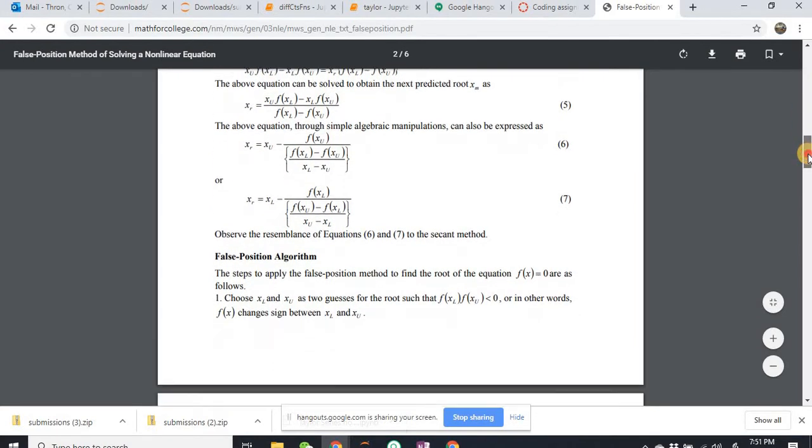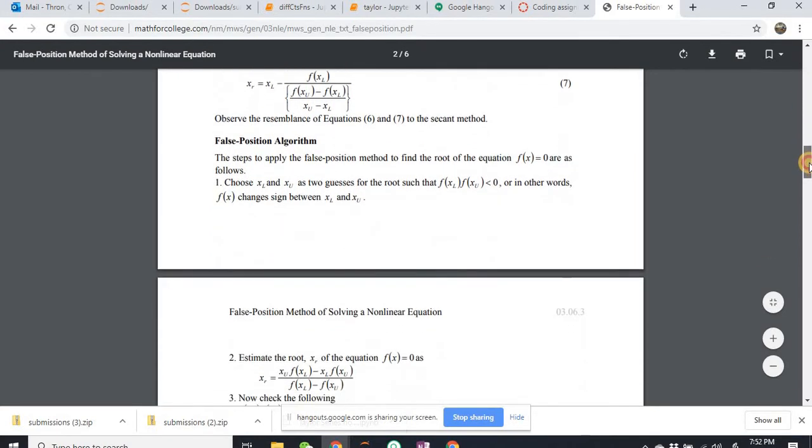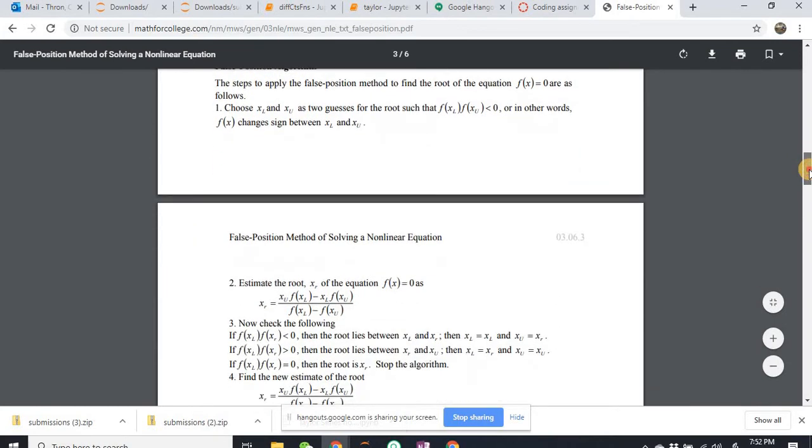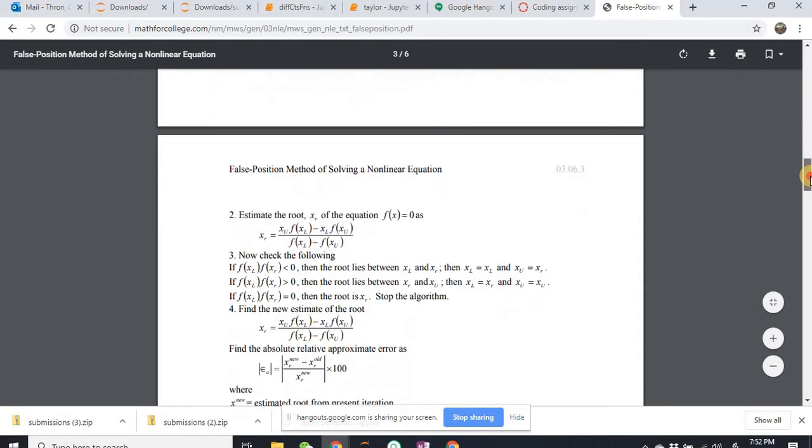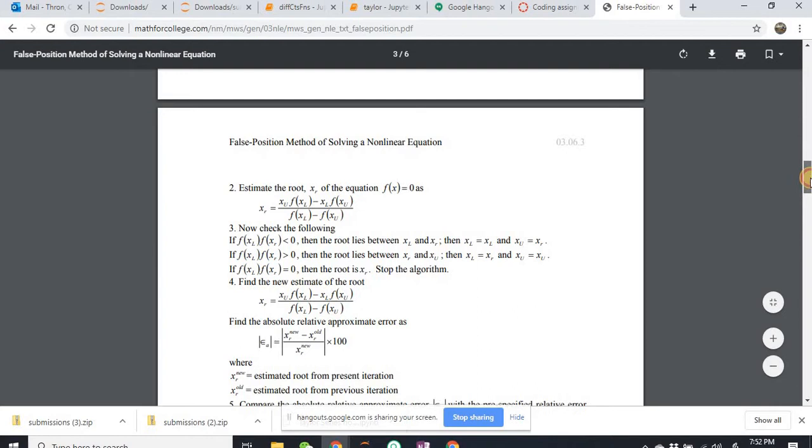Here he says to choose X. In fact, I don't really see any difference between this and secant. Maybe I have secant wrong, because this looks just like what I did. If you work out the formula, that's what it's going to be.